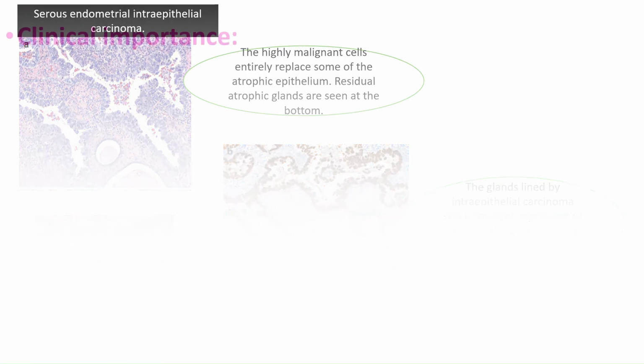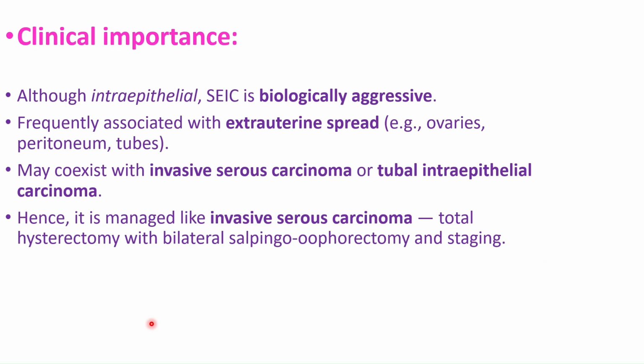Now, why do we need to identify this intraepithelial SEIC? Because it is biologically aggressive, frequently associated with extrauterine spread. Either ovaries, peritoneum, or fallopian tubes can be associated with or invaded by this SEIC.